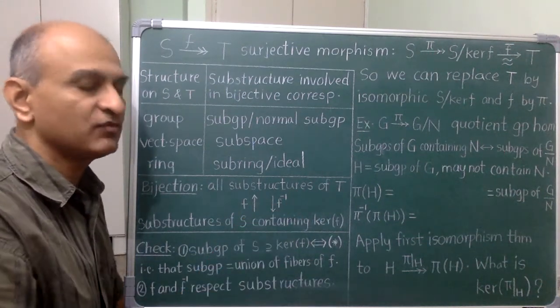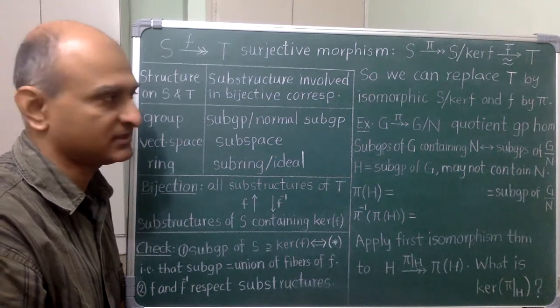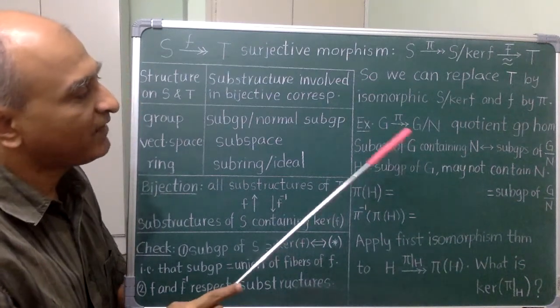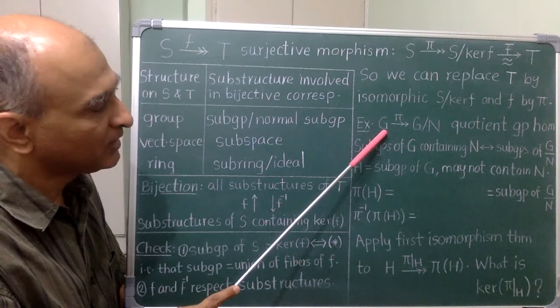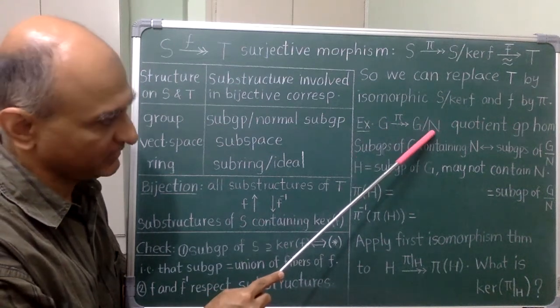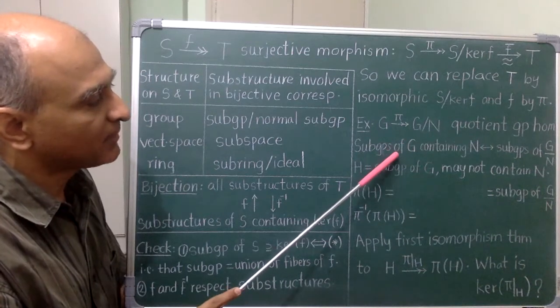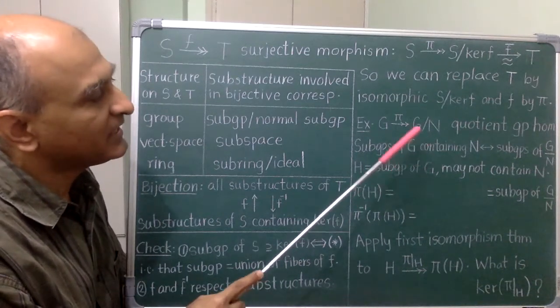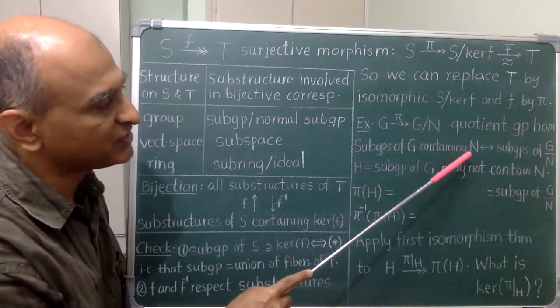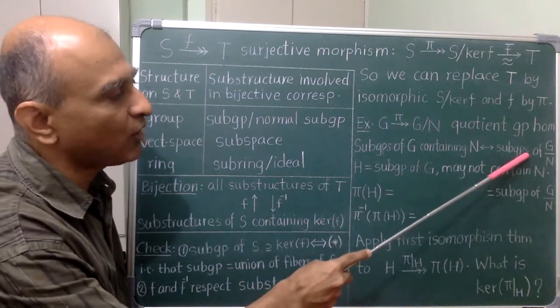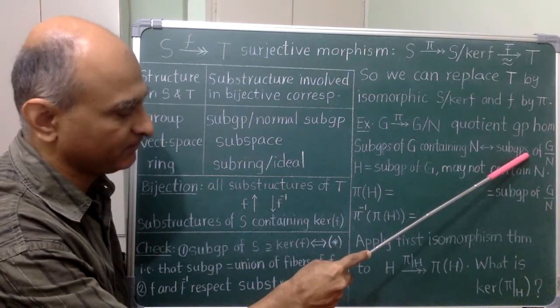This is the situation one often encounters in practice. Here, I have taken the quotient of a group by a normal subgroup N. The correspondence is now between subgroups of G containing the kernel of this map, which is N, and subgroups of the quotient group G mod N.